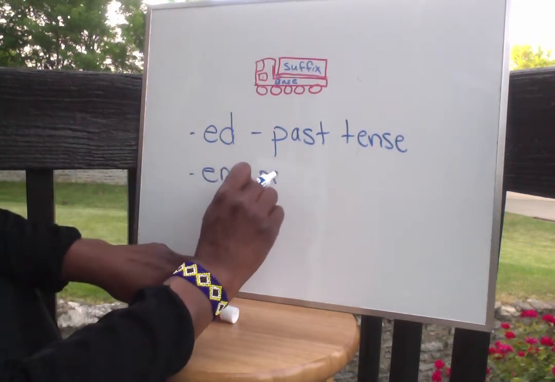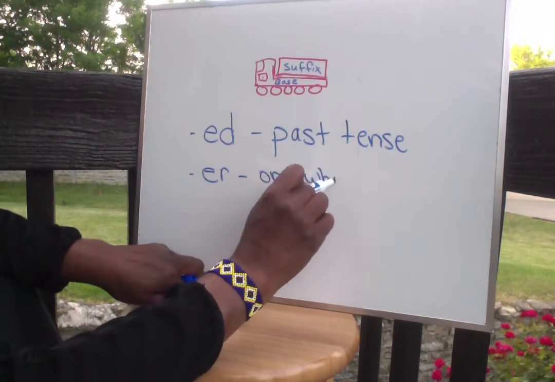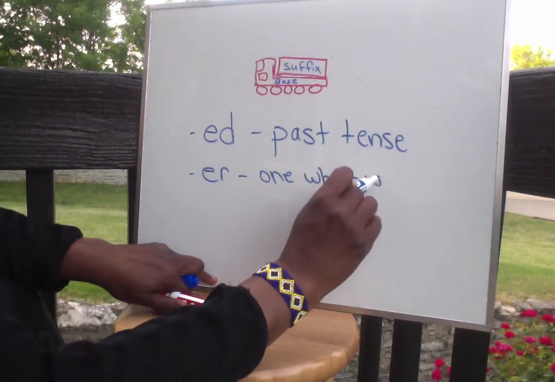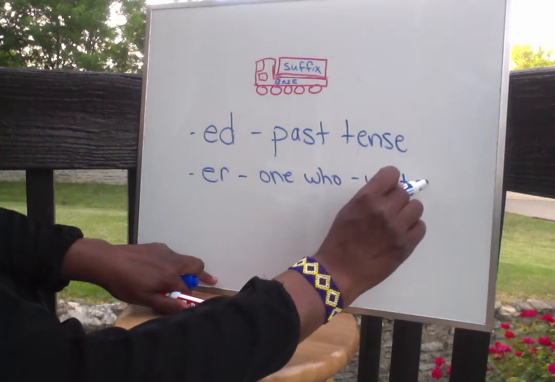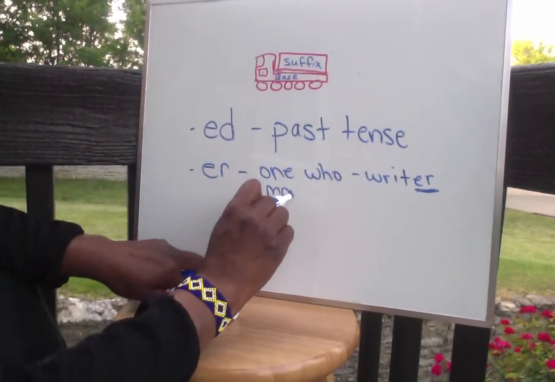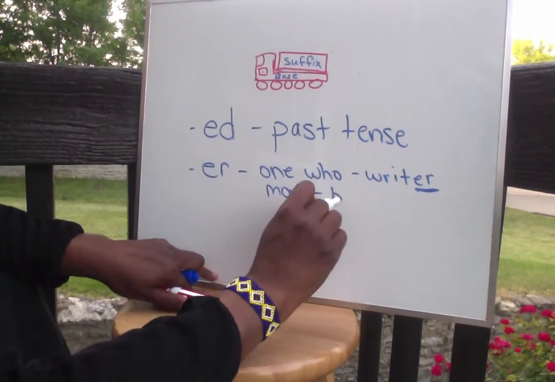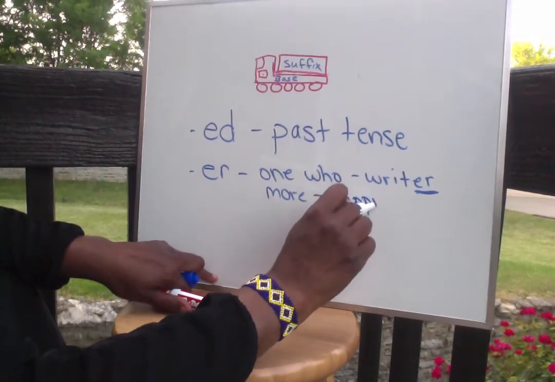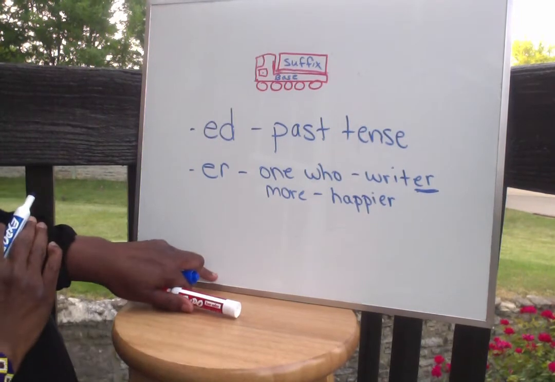It can mean one who. For example, a writer is one who writes, right? Or it can mean more. Am I happier than you today? Happier. All right?